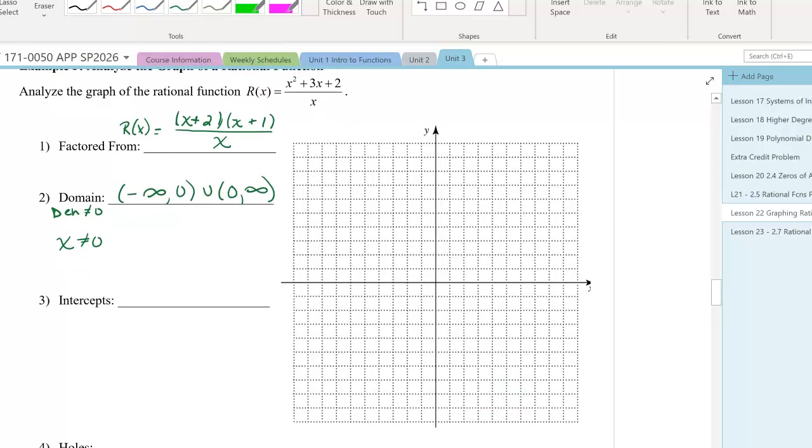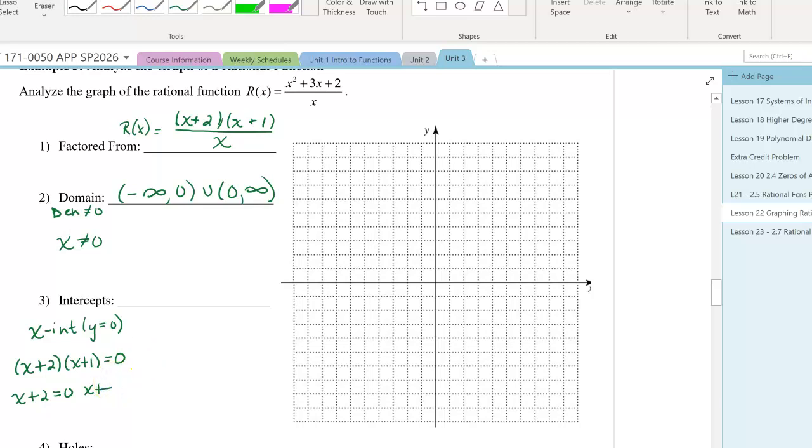Now to find the intercepts, remember that to find the x-intercept, you let y equal 0. And for a fraction, the fraction is equal to 0 when the top or the numerator is equal to 0. So I have x plus 2 equals 0 and x plus 1 equals 0.